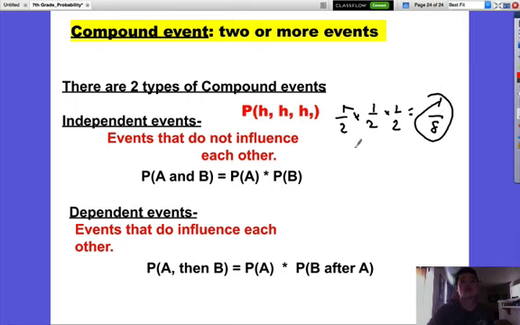So for independent events, 1/8 of the time you will get heads, heads, heads.